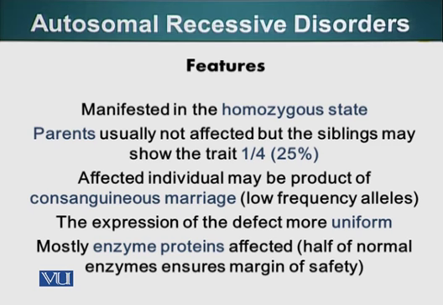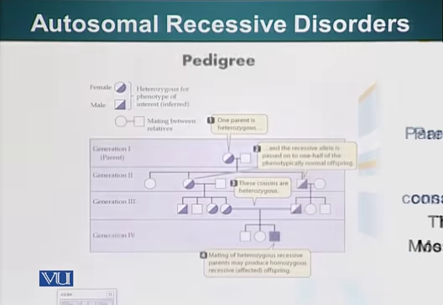I didn't mention when I was talking about autosomal dominant disorders, they are generally caused by mutation or changes in genes which are coding for regulatory proteins or structural proteins with multiple subunits. To understand this, we have to talk about other concepts which are beyond the scope of this course. So maybe in a future course we can talk about that.